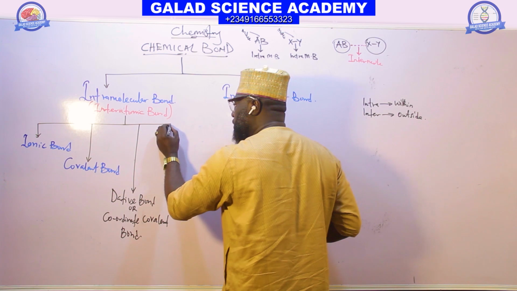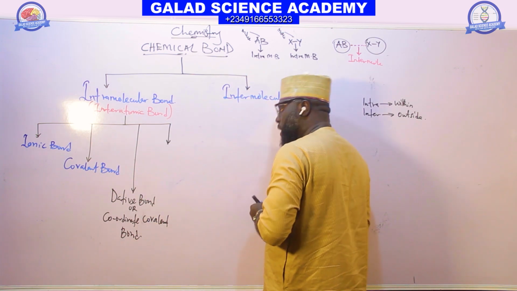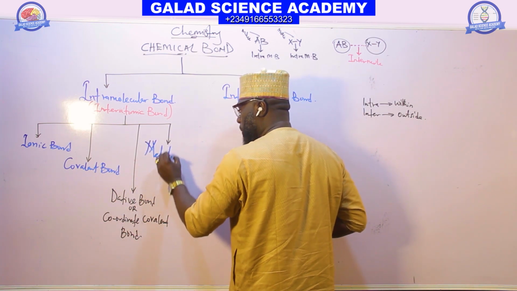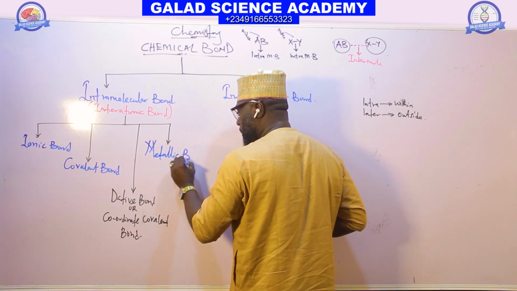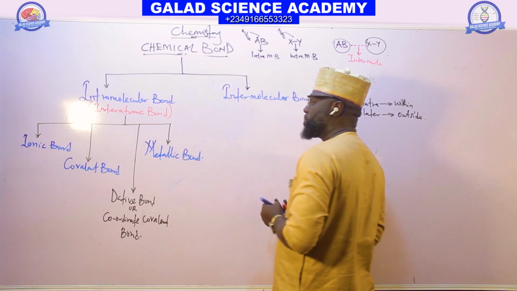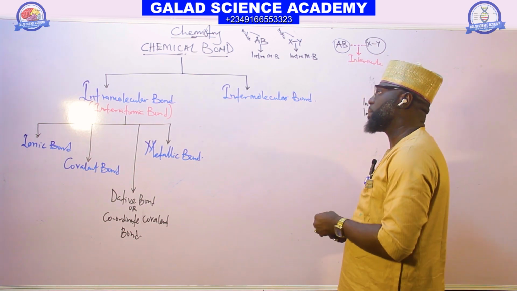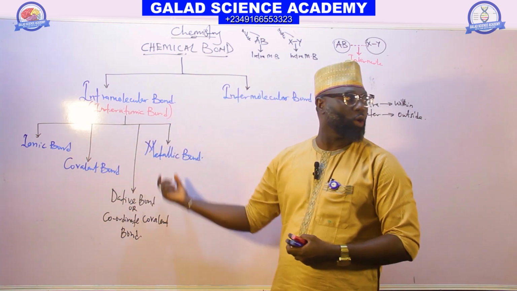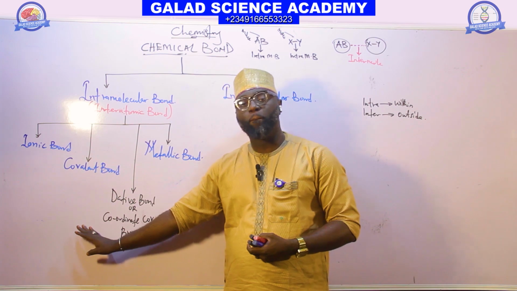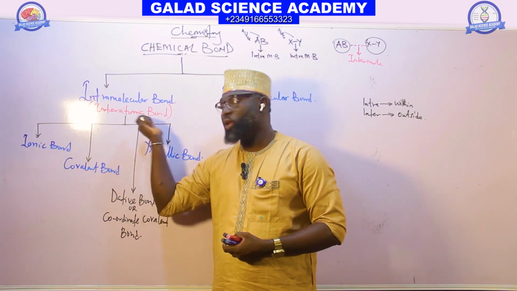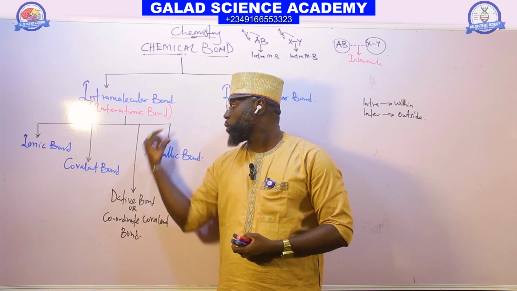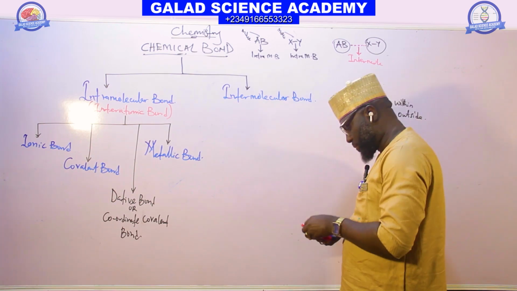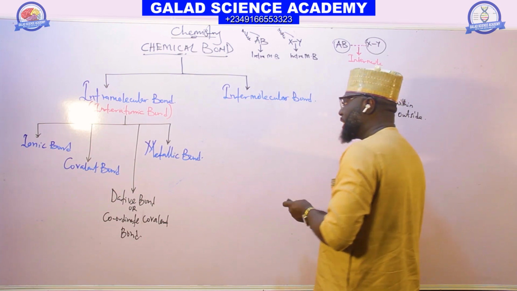And the last one we have is metallic bond. So those are the four types of intramolecular bond, or interatomic bond. And this intermolecular bond, the second part, is also divided into two parts.